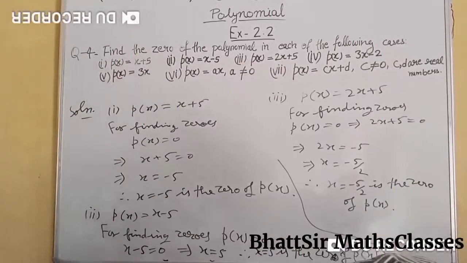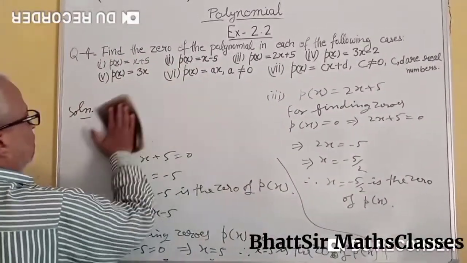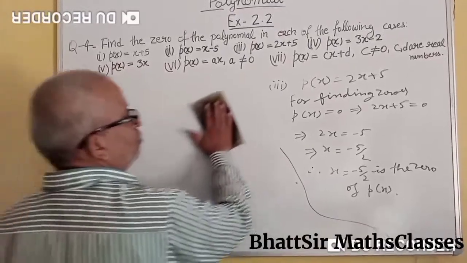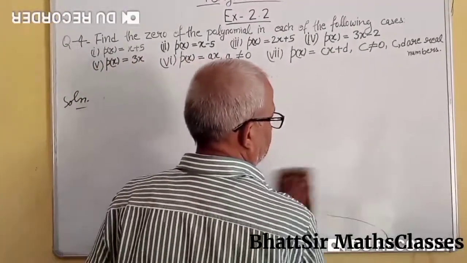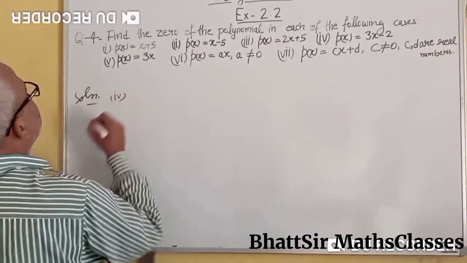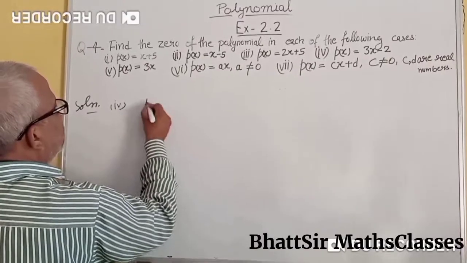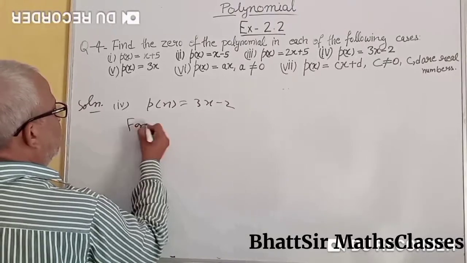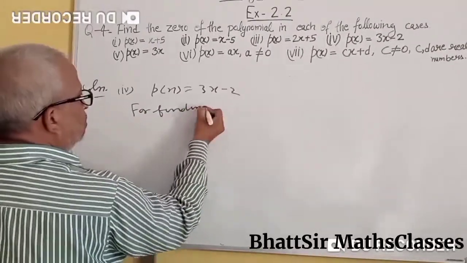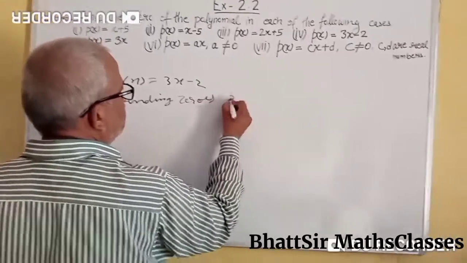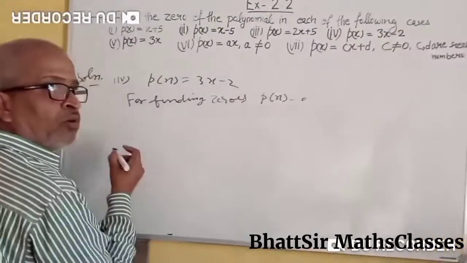Now I am attending the fourth part. Fourth part of question number 4, P(x) equal to 3x minus 2. For finding zeros, P(x) equal to 0.